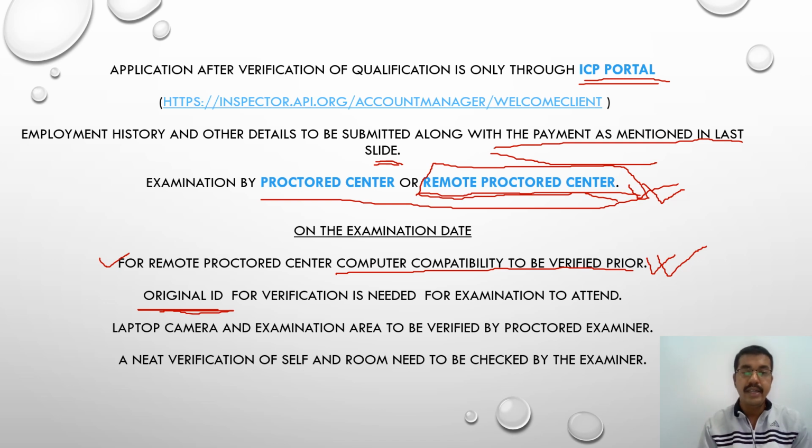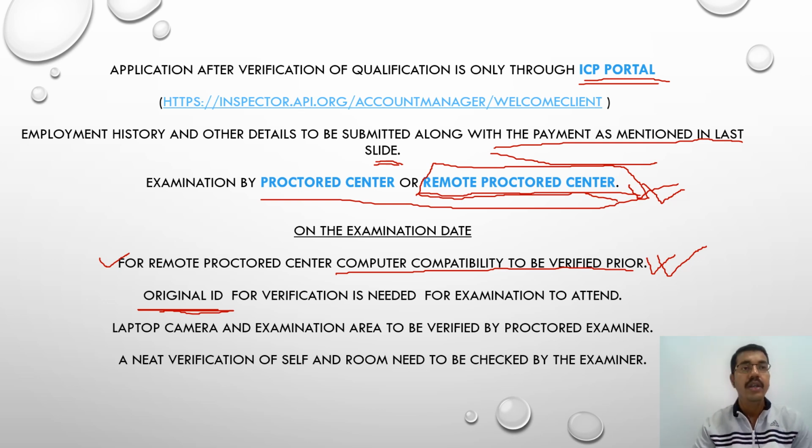Those IDs, driving license, residence ID, passports, all these are allowed. You have to show it to the proctor as your verification ID, and he or she will verify it. After that, they will ask you to show all around.